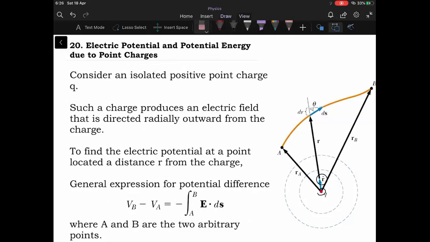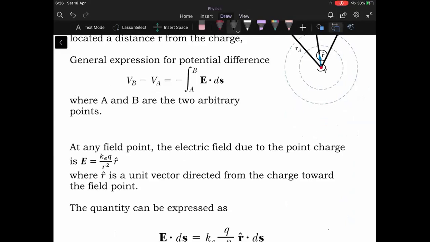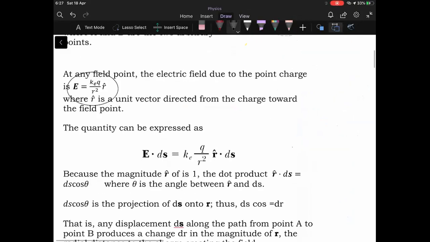Okay. Now you know that electric field is kq by r square r cap. What is r cap? R cap is a unit vector directed along the charge towards the field point, away from the charge. Now this expression can be written in this form.